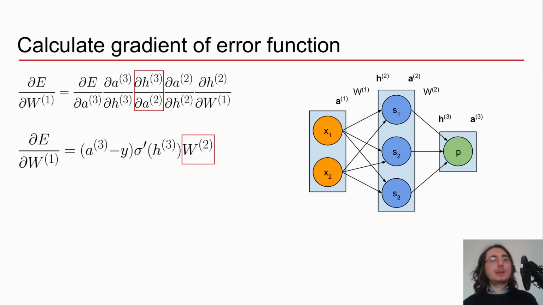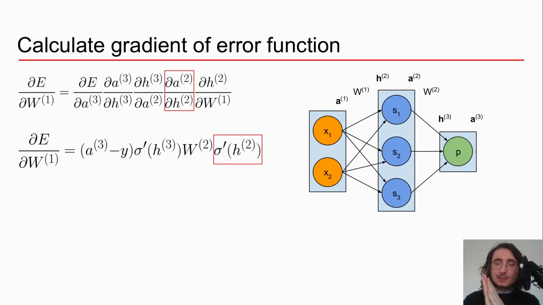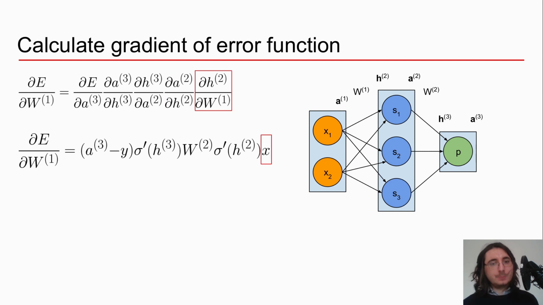The third block is just W2. The fourth block is again the first derivative of the sigmoid function calculated in H2. And finally, the fifth block is our input vector X.